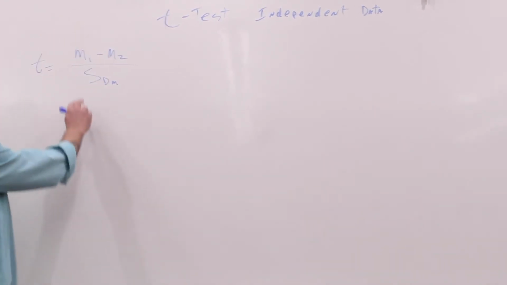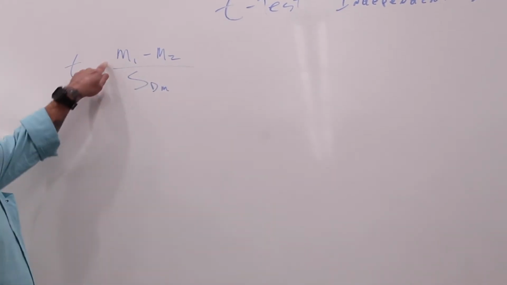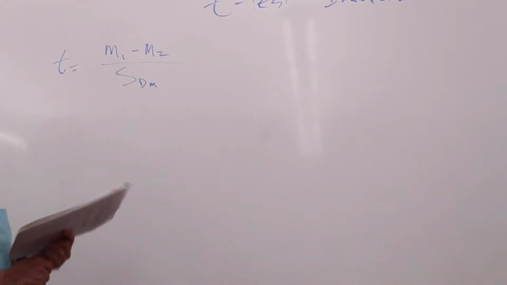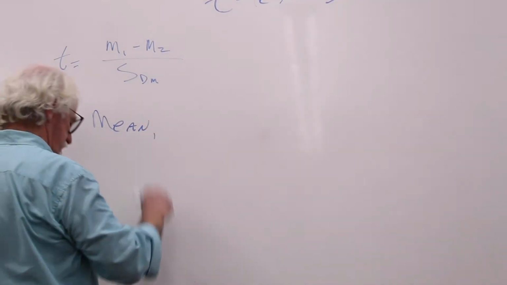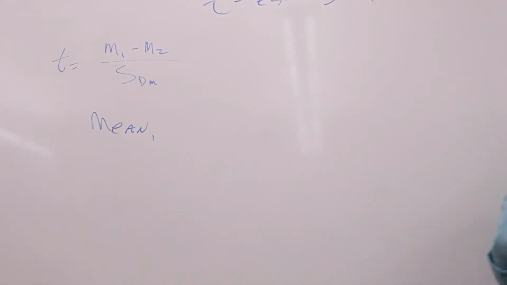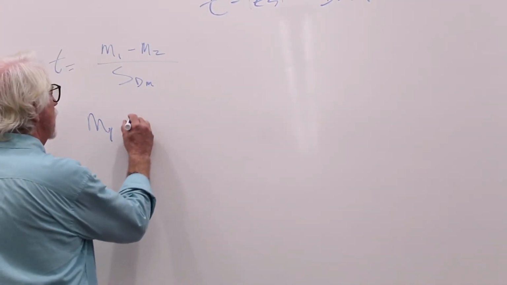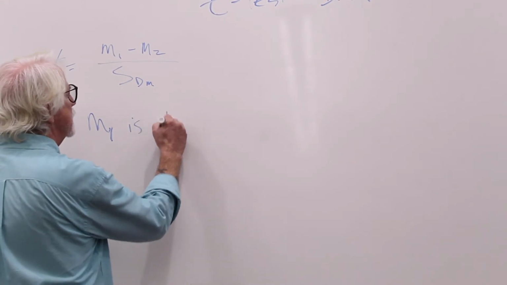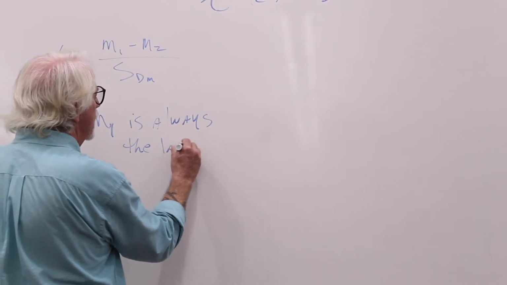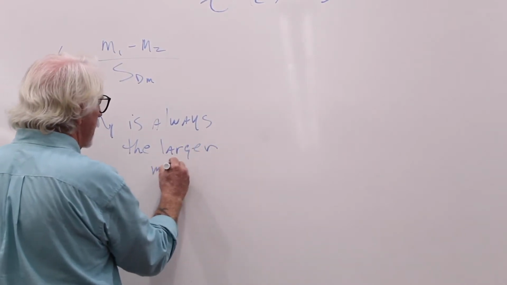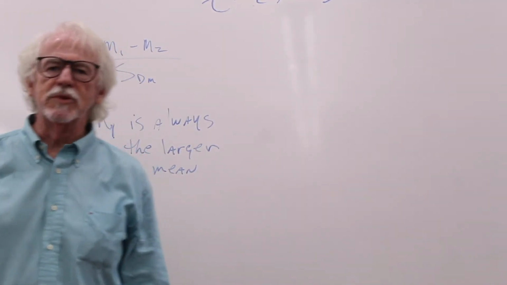All right, and here it is. T equals mean 1 minus mean 2. M1 is always the larger mean. It doesn't matter what group it belongs to.